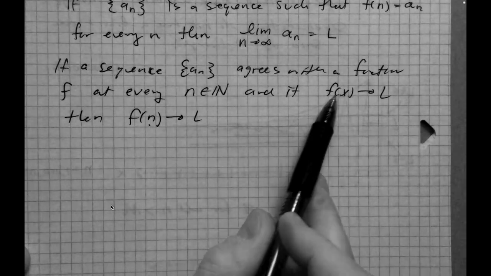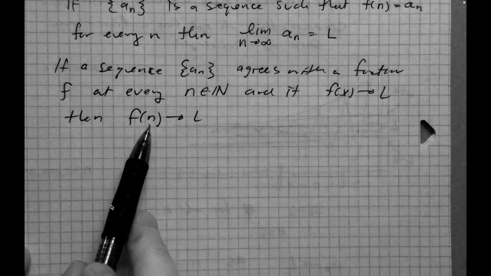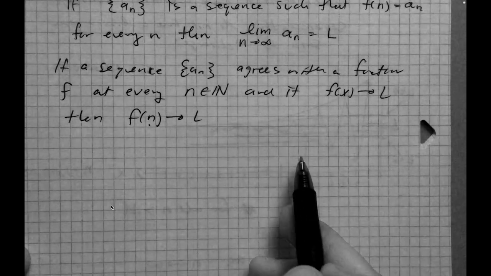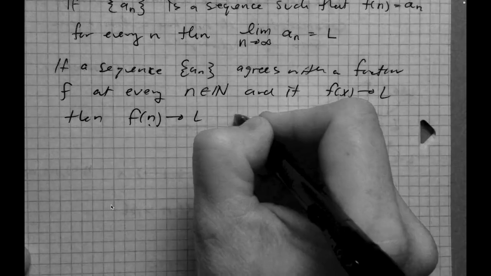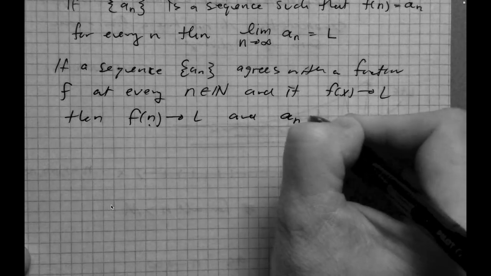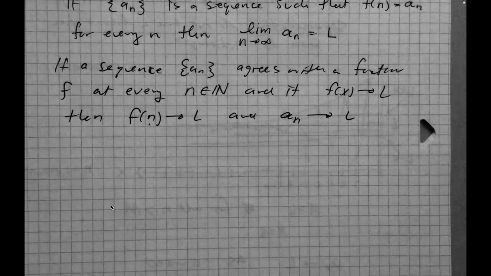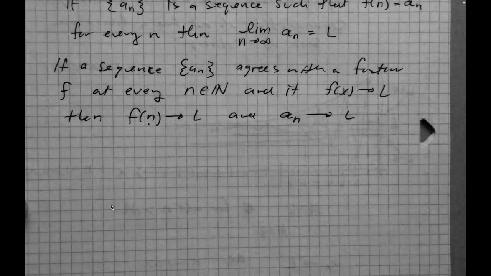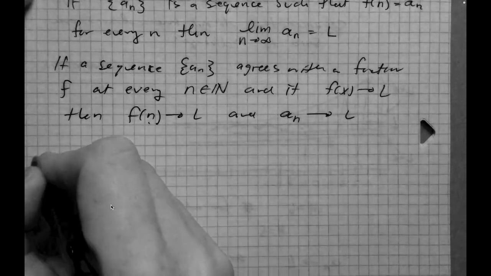If I restrict the domain of f to just the natural numbers, it's going to also approach that same limit. And that means the sequence is going to approach that same limit. If f of n is equal to a of n for all n, then a of n is going to have the same limit as f of n. All right, perfect. So let's do an example here.